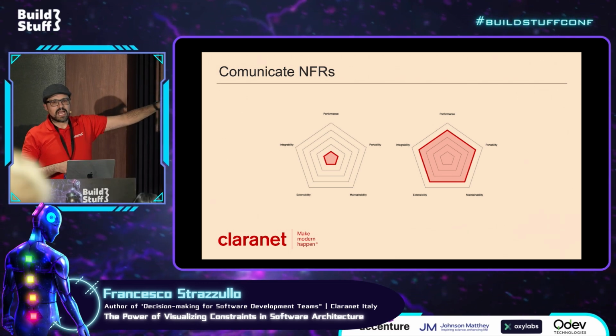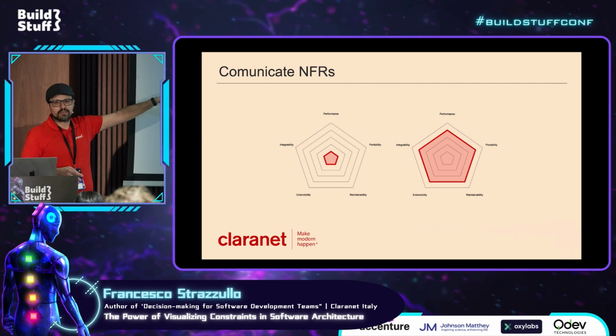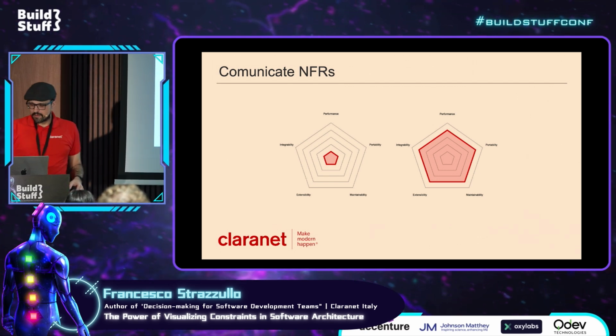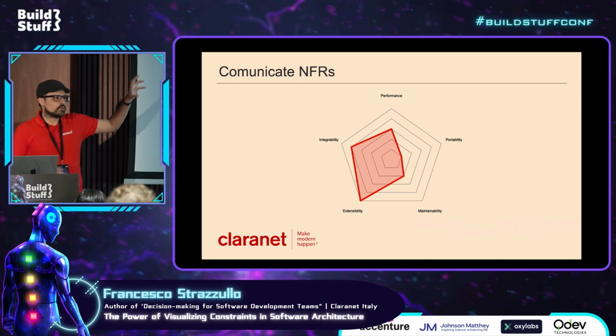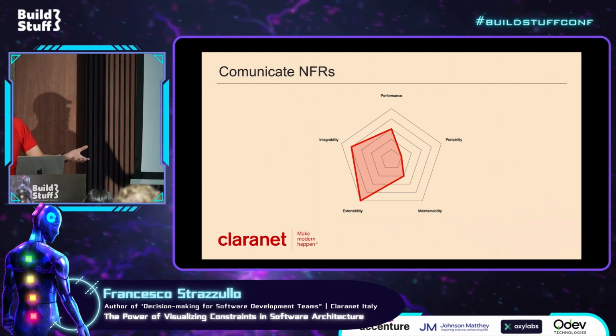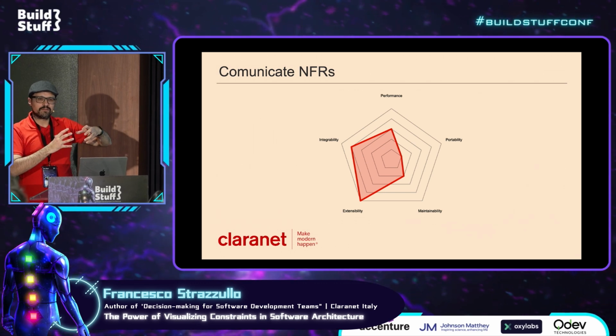These 2 pictures are exactly the same because we are telling that everything is not important or everything is important. The truth is that in order to let this chart tell a story that you can explain to your team members, you need to define differences.